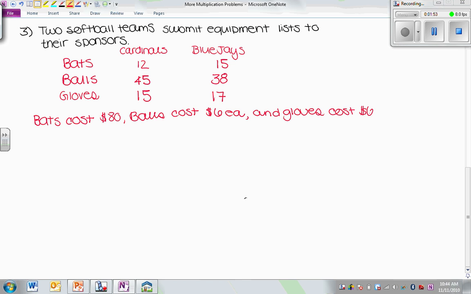All right, so what we need to do is use matrices to find the total cost of the equipment for each team.